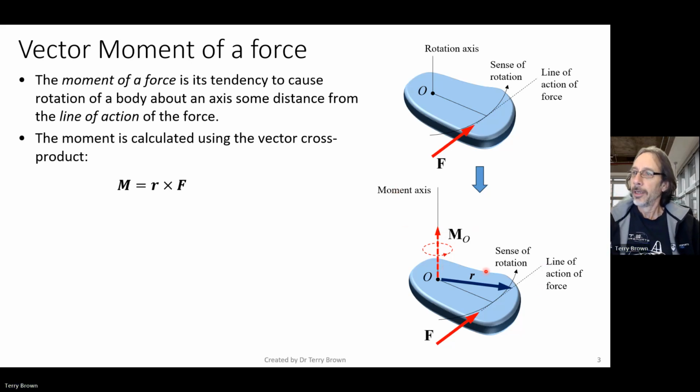So when we look at the equation in vector form, we have the position vector here, and that can be to any point along the line of action of the force. So in 2D, we had to specifically say that it was the perpendicular distance. When we're using the vector form of the equation, the position vector can be to any point along the line of action of the force.